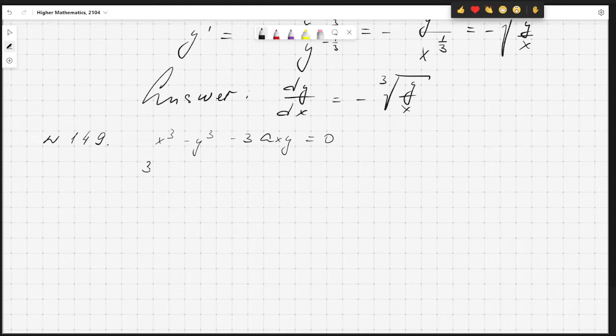Differentiate both parts: 3x squared minus 3y squared y prime minus 3ay minus 3ax y prime equals 0.